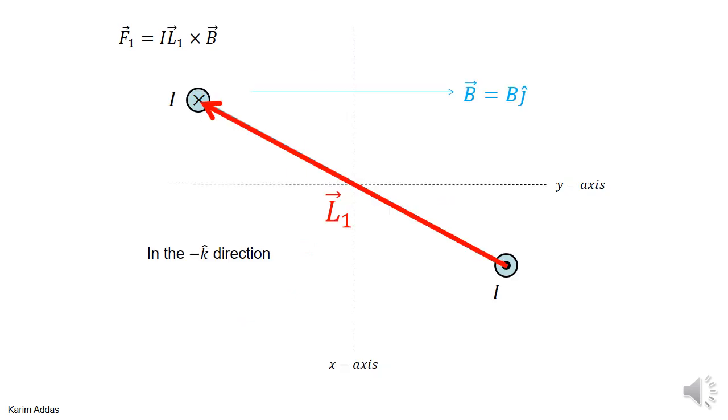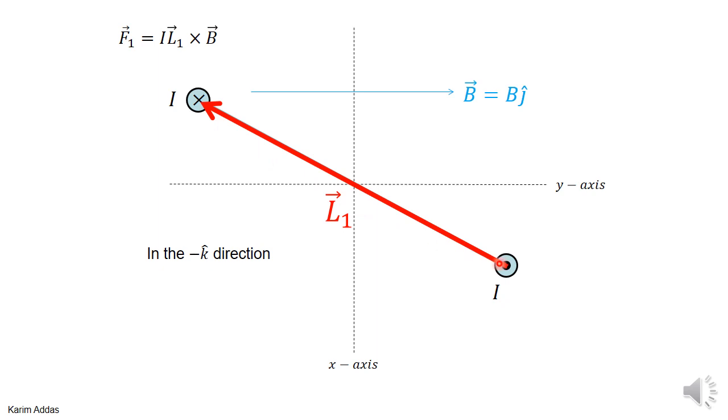If you want to think about it more carefully, look from above. In this orientation, the x-axis is down, the y-axis is to the right, and I'm looking from above, looking down in the minus Z direction. The magnetic field is in the J direction. Then you can see the L1 vector is pointing from here to here. This is the top side. Looking from above, I can only see a rod here.